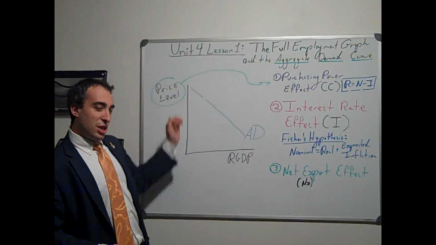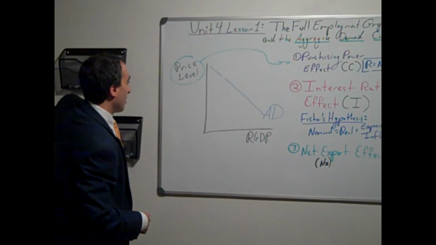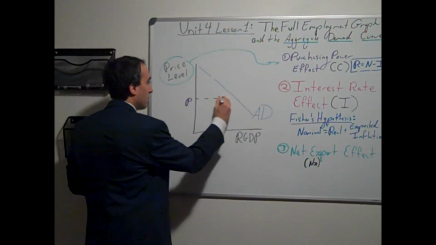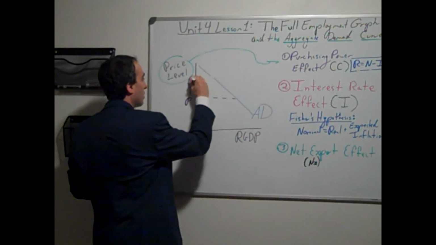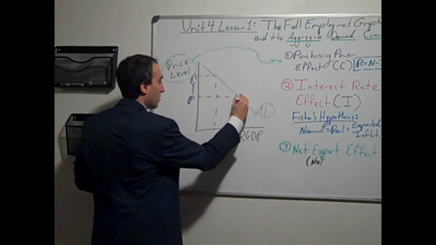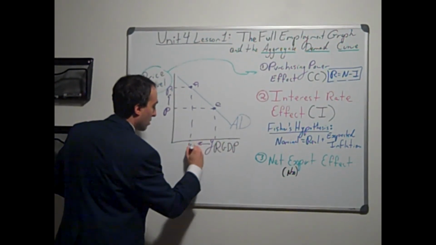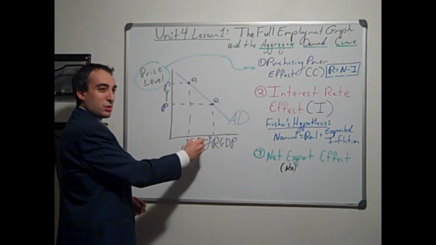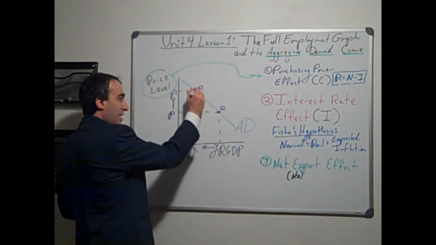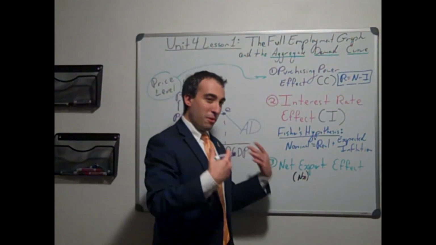If the y-axis is changing, if price level is increasing, GDP, which is called Y, we see GDP is decreasing as we move to the left along the curve. And of course, all of these things in reverse are true as well.